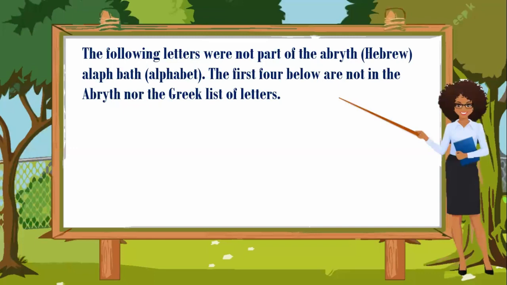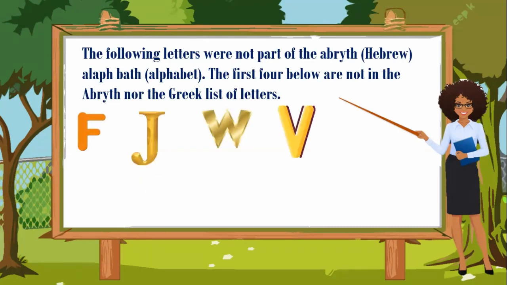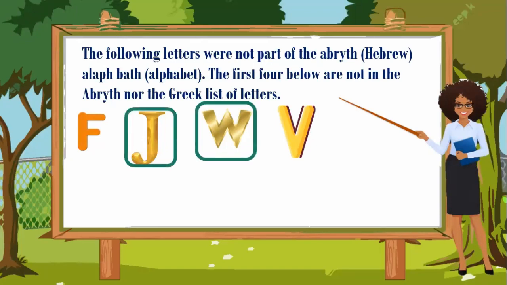The following 7 letters were not part of the original Abryth AlaphBat. The first 4 of the 7 below are not in the Abryth nor the Greek list of letters. These are F, J, W, and V. The letters J and W were not in the Abryth, Greek, nor the later Latin list of letters.